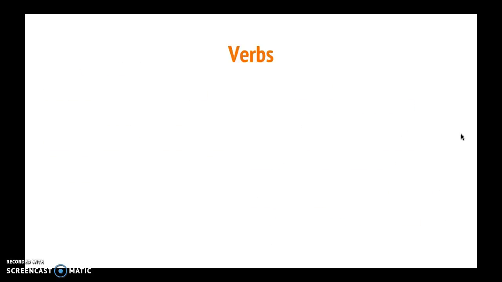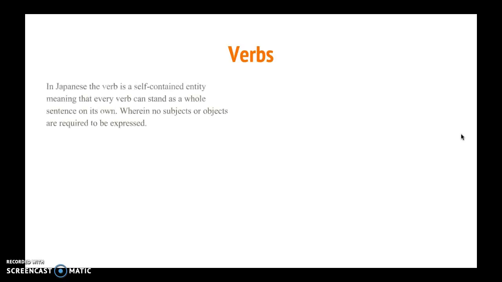Let's move on. Let's take a look at the verbs, for instance, which is a pretty interesting point when it comes to Japanese. So in Japanese, the verb is a self-contained entity or unit, meaning that every verb can stand as a whole sentence on its own, wherein no subjects or objects are required to be expressed. What does this mean?